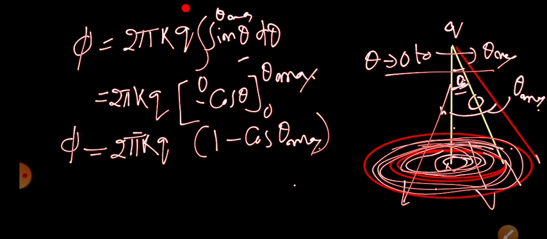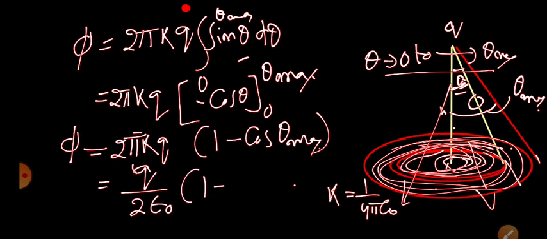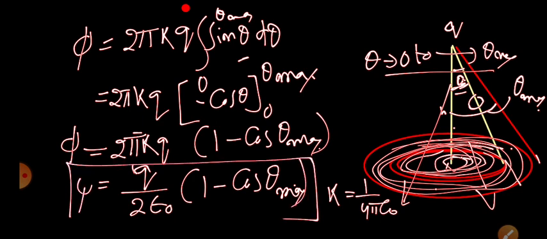If I put the value of k equal to 1 by 4 pi epsilon naught, then 2 pi gets cancelled, and I get q by 2 epsilon naught into 1 minus cos theta max. This is the flux through the circular plate due to a point charge placed at some height above it.